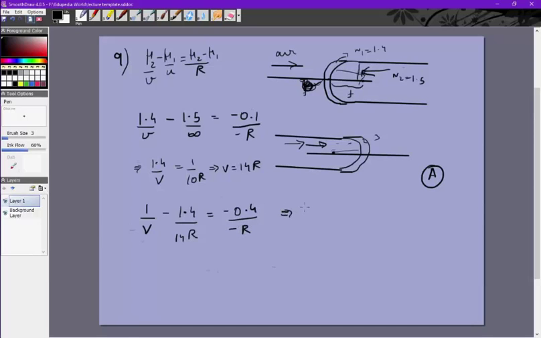So which tells us 1 by V minus 1 by 10R is equal to 4 by 10R. Right, 0.4 is 4 by 10, this is 1 by 10. So which means 1 by V is equal to 5 by 10R, which means V, or mod F2, is 2R. So along with option A, option C is correct and option D is wrong.